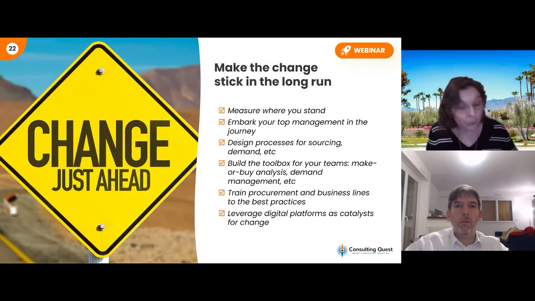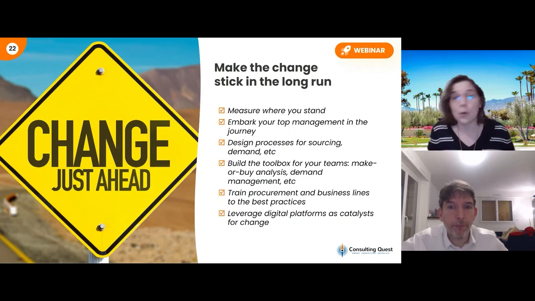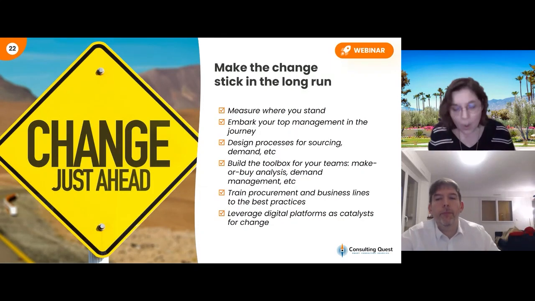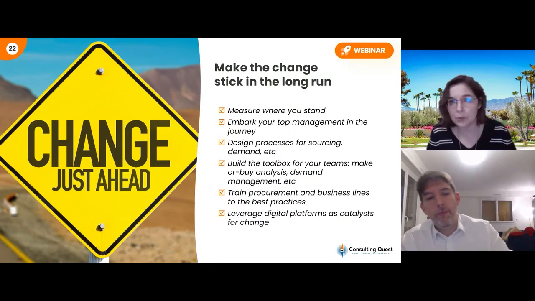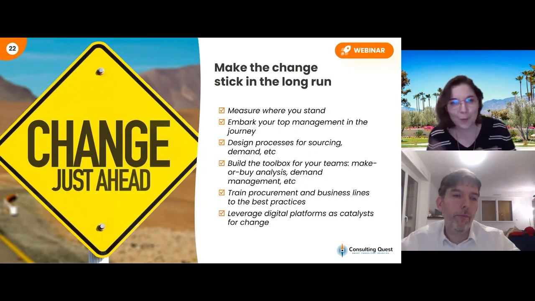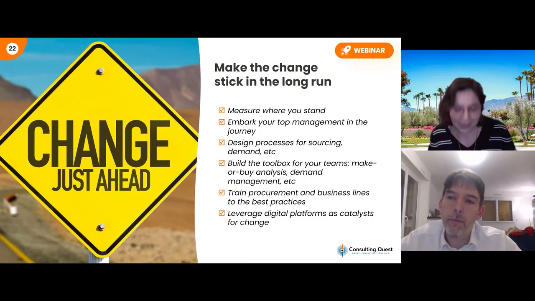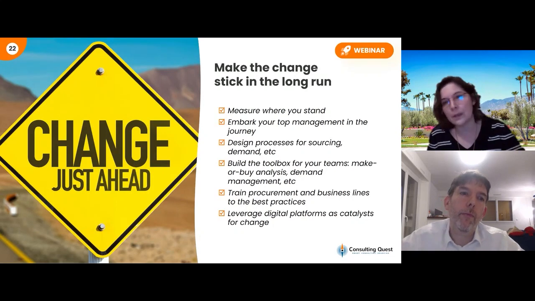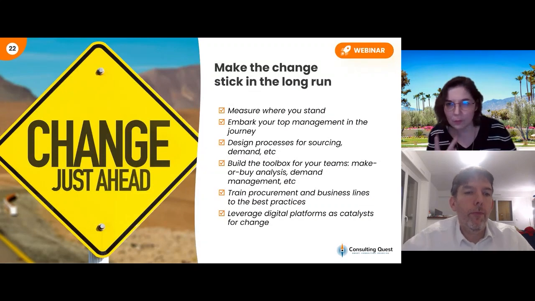And it can be done through training of your procurement business lines, or maybe coaching, whatever is most adapted to your organization. And then there's one thing that we now have access to that can give you an extra boost. It's digital. Digital platforms today are giving you two things that are super important.